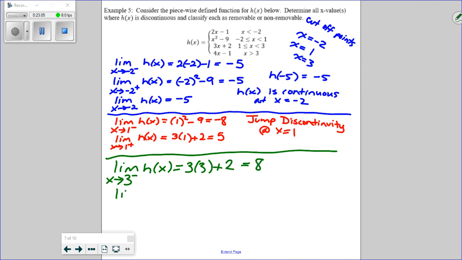And then we're going to evaluate the limit as x approaches 3 from the right, which means we're plugging into the 4x minus 1. That equals 11, so I can already tell that we have a jump.